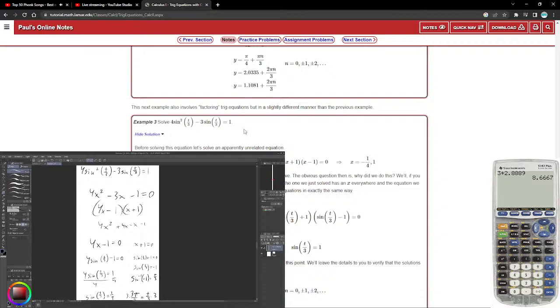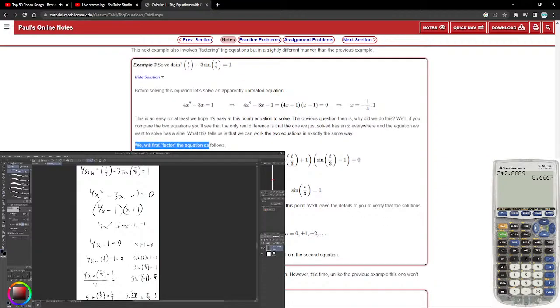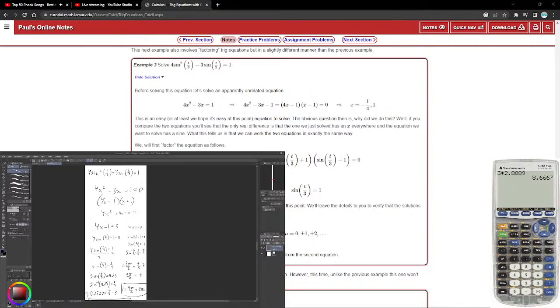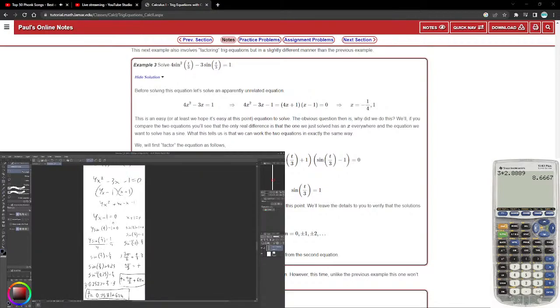This is an easy, or at least we hope it's easy, equation to solve. If you compare the two equations, the only difference is the one we just solved has an x everywhere, and the equation we want to solve has a sine. What this tells us is that we can work the two equations in exactly the same way. We will first factor the equation as follows. Now set each of the two factors equal to 0 and solve for the sine. Oh, okay, if I would have just done one more step with my factors before plugging it in.